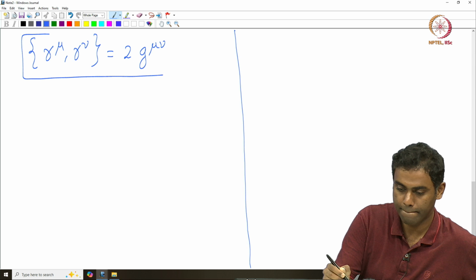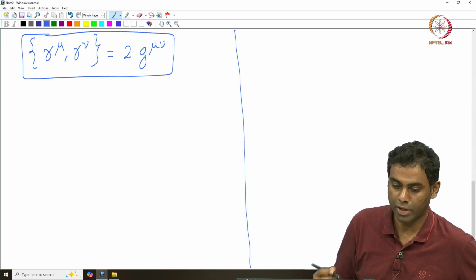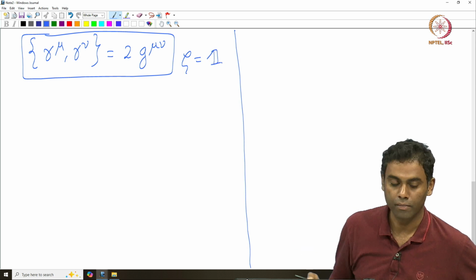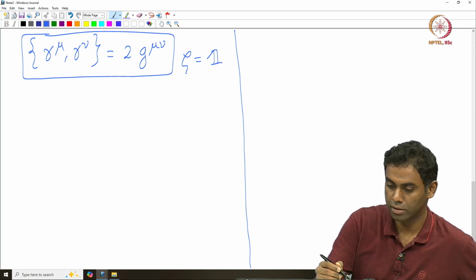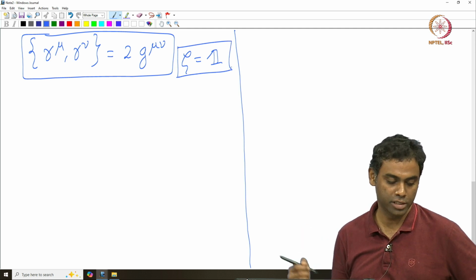That is the condition that these matrices need to satisfy. And of course, there is another one which I can just set to 1, the zeta. So we won't talk about the zeta much after this.